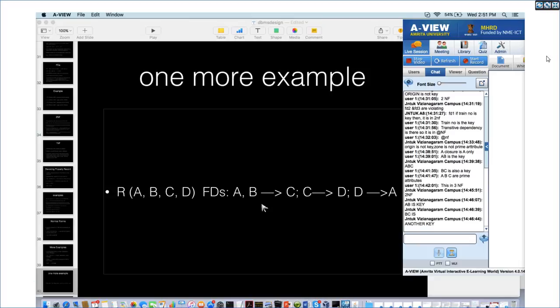BC is another key. Any other key? Is BD also a key?